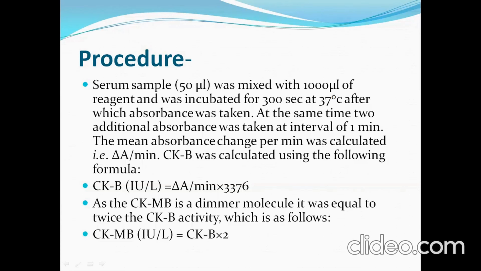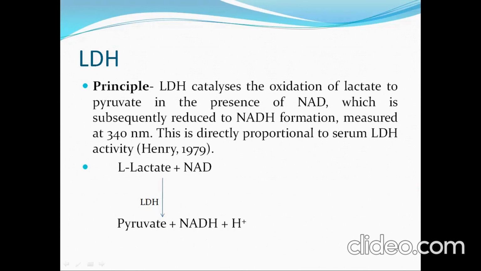As the CKMB is a dimer molecule, it was equal to twice the CKB activity. So for calculation of CKMB international unit per liter, we have to multiply CKB by 2 and we will get the CKMB value.